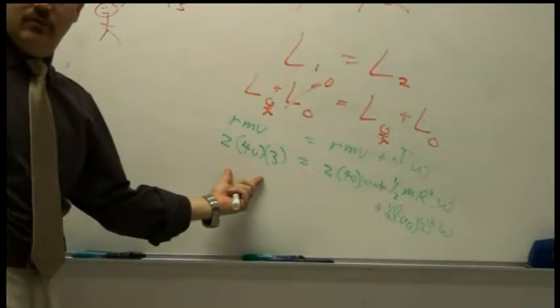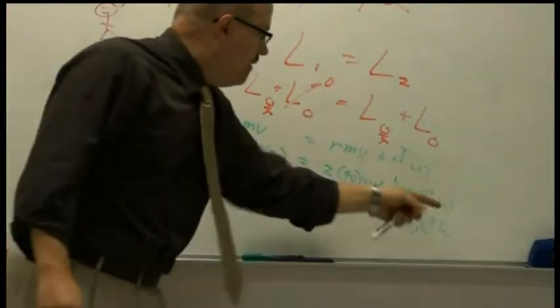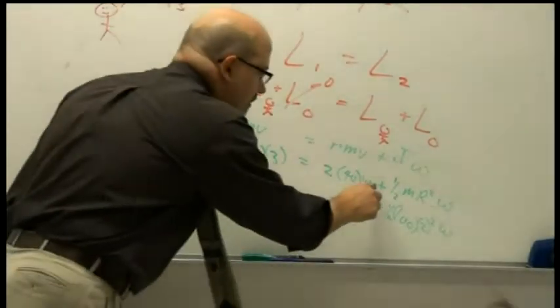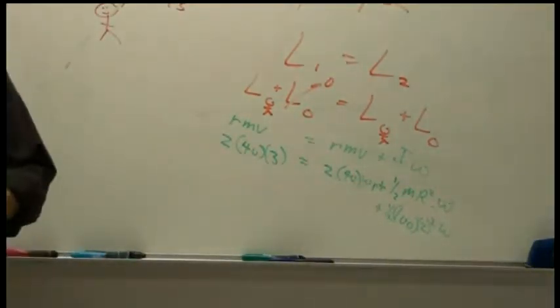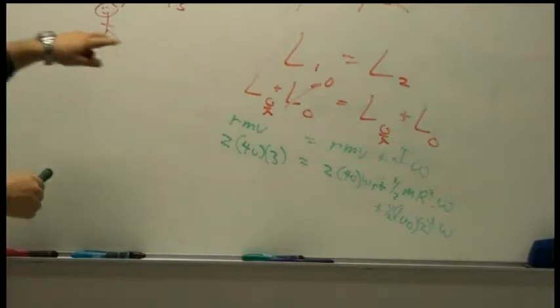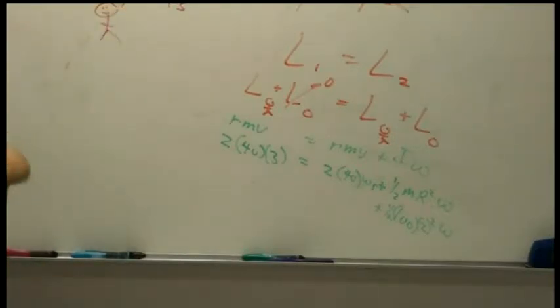Isn't it 2 squared? Oh yeah, I've got a 2 squared here. Sorry, it's kind of small. All right, and you get an omega final. Will the omega afterwards be more or less than omega equals v over r?